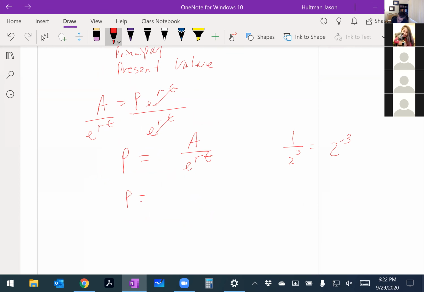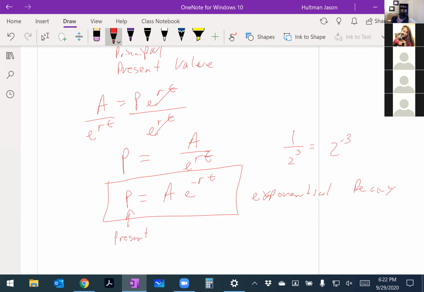Couldn't I say P is equal to A e to the negative RT? And look at that. That's my exponential decay model. So if I want to find the present value, I can use an exponential decay model.